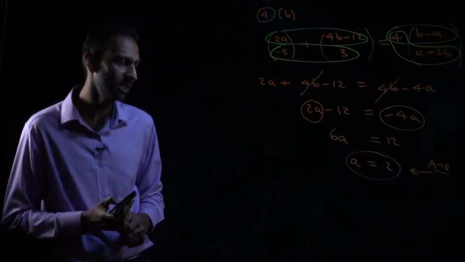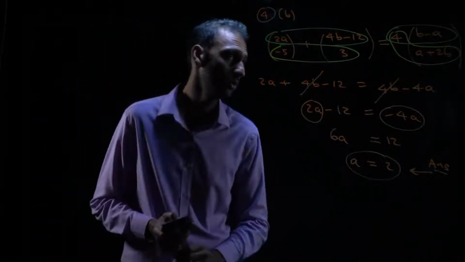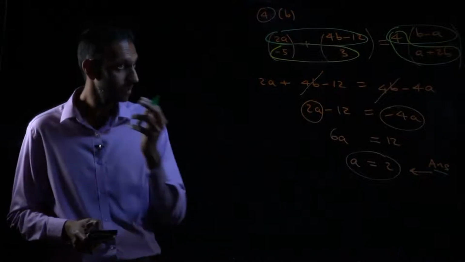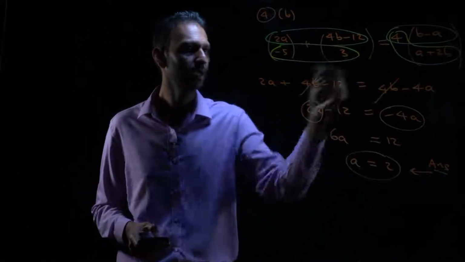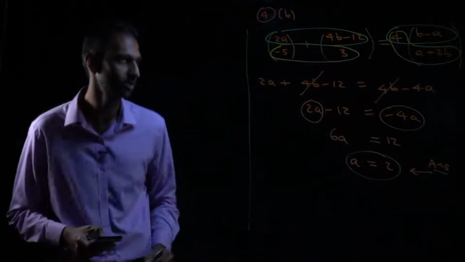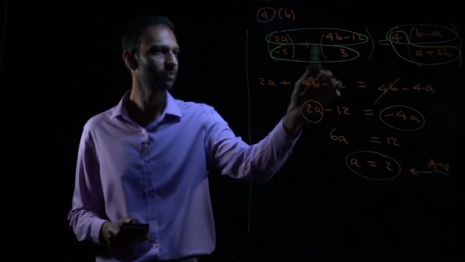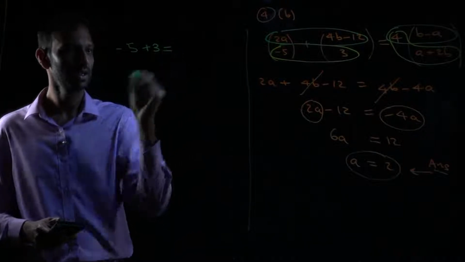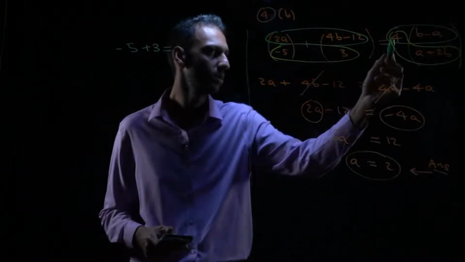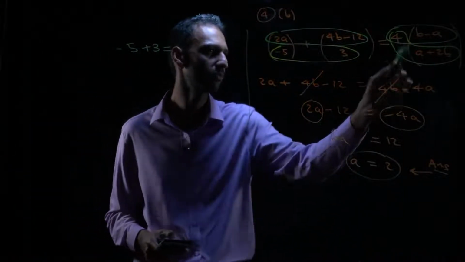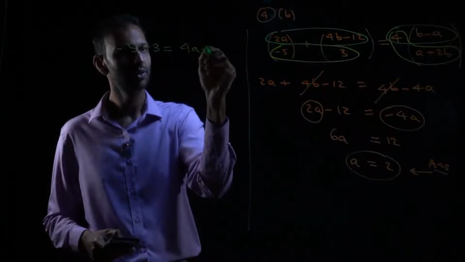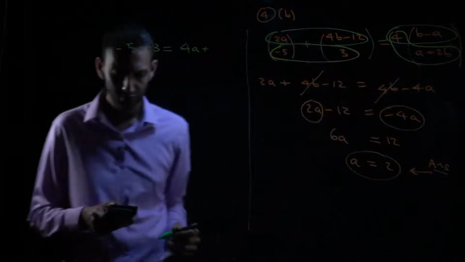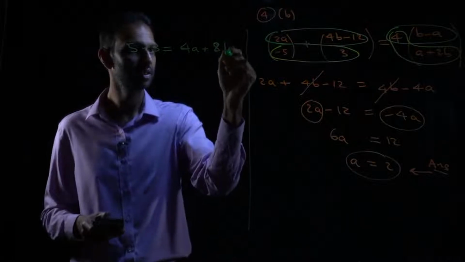Let us now see how we find the value of b. Now, for the y component, I'm just going to draw a straight line so that you can see the working. Minus 5 plus 3 is equal to 4 multiplied by the y component, 4a, plus 4 multiplied by 2b, which is 8b.